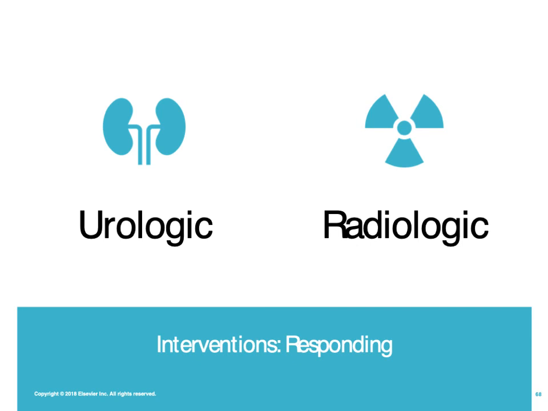Obviously, you would be concerned about infection with these, and it would be important to make sure that families were taught how to do the nephrostomy care correctly to avoid infections.